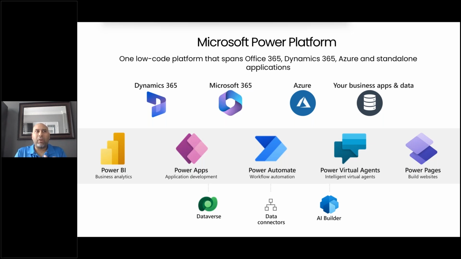There's all these connectors where you can tie in and integrate all of your Power Apps and Power Automate and virtual agents to the data that's stored in those other systems and take action upon it. Now, if the connector does not exist for you, then you can always build one. And if you have an on-premise system, you can connect to it, whether it's an on-premise application with a SQL Server database or not, you're able to connect to it.